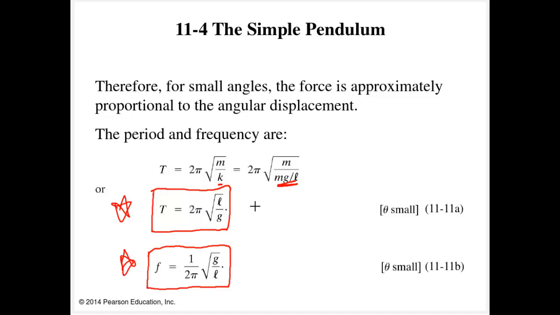And essentially what that's saying is if you shorten the length of a pendulum, it's going to have a shorter period. Kind of makes sense. And if you take this pendulum to, say, Mars with a lower gravity, that's going to essentially lower the period of the pendulum as well.